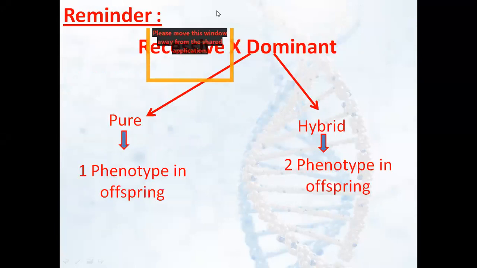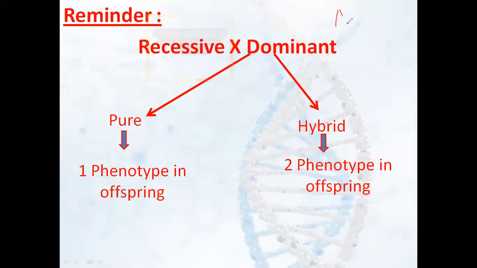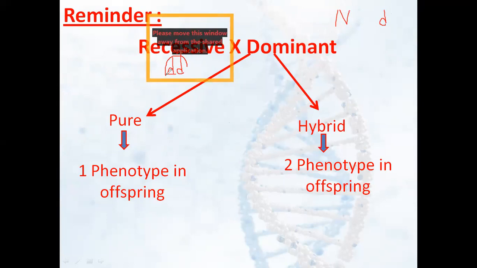So we did the test like shown here, recessive with dominant. Let's say, for example, N for the normal and D for the disease. This recessive is for the disease, so it should be DD. It gives only one type of gamete, which is D 100%.